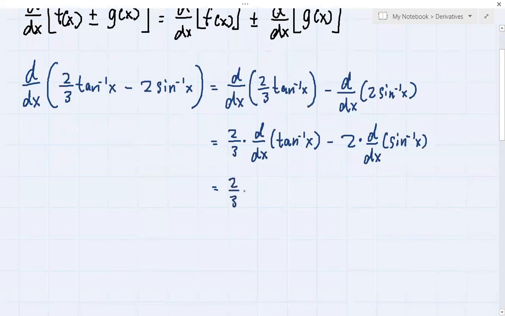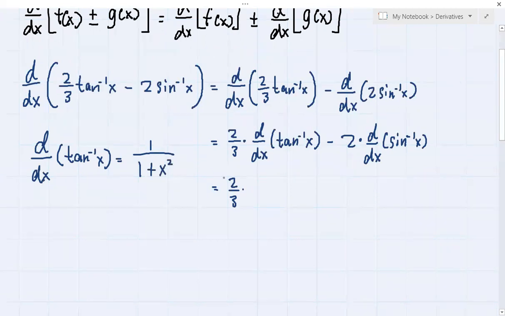Now, kunin natin derivative ng arctangent. What is the derivative of arctangent? So, if you're going to recall, ang derivative ng arctangent x, sorry, it is 1 all over 1 plus x squared. Ganito yung tsura niya. So, therefore, ang derivative ng arctangent dito ay magiging 1 all over 1 plus x squared.